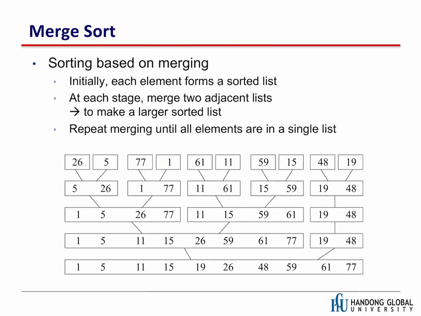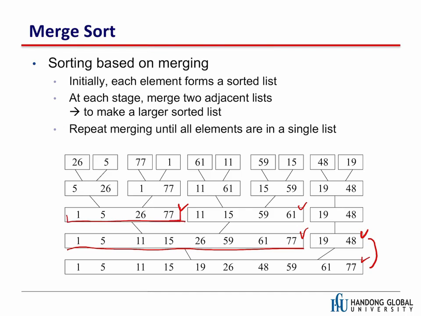Then we can take one step further. When we have two sorted lists, we can merge them to make a longer sorted list. In the previous step, we have a sorted list here and here, and we can merge these two sorted sublists to make one longer sorted list.